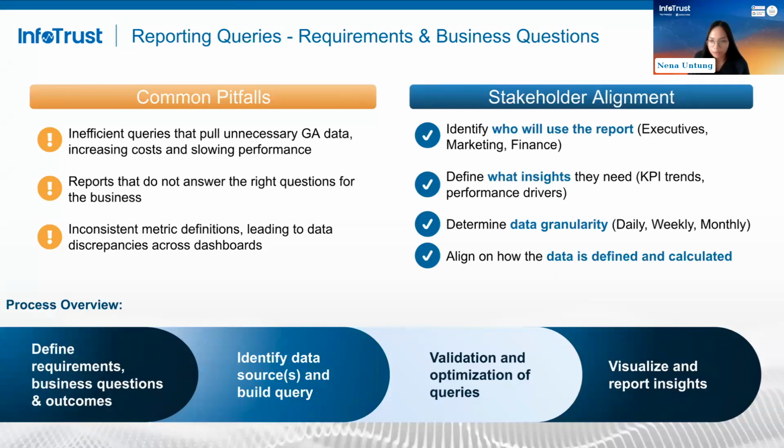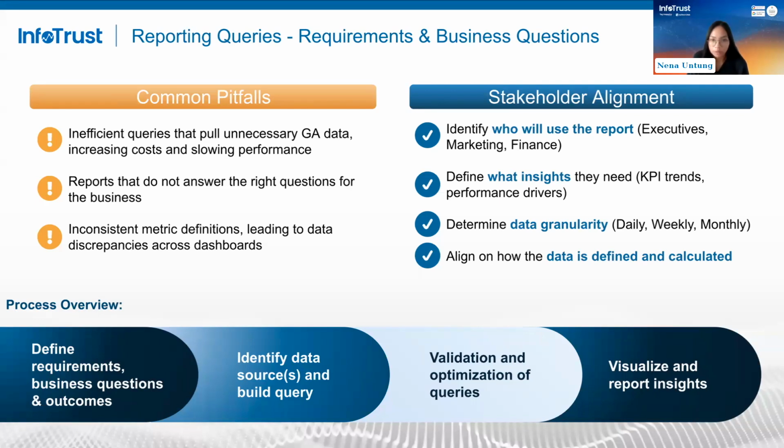Some of the common pitfalls that we've seen when it comes to building queries is that sometimes there isn't any clear direction on how the data will be used, which then results in very inefficient queries that pull unnecessary data that doesn't answer any specific business question, as well as inconsistent reporting across the organization.